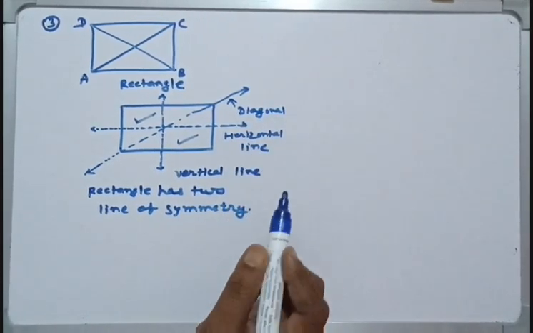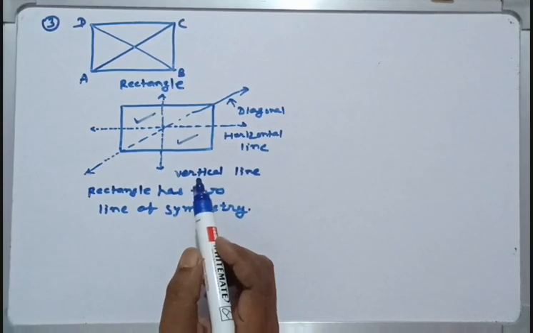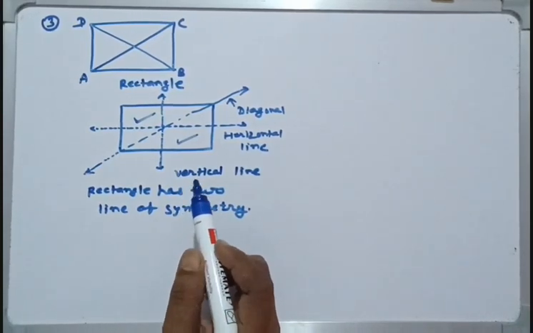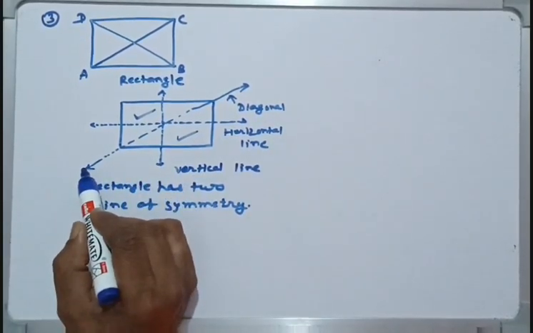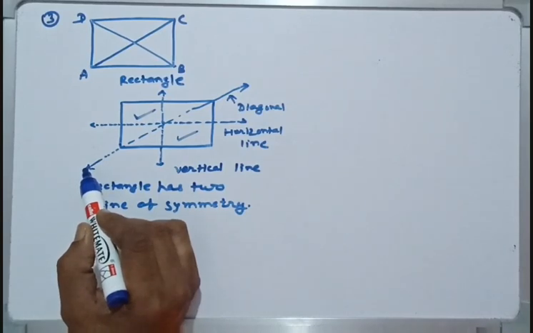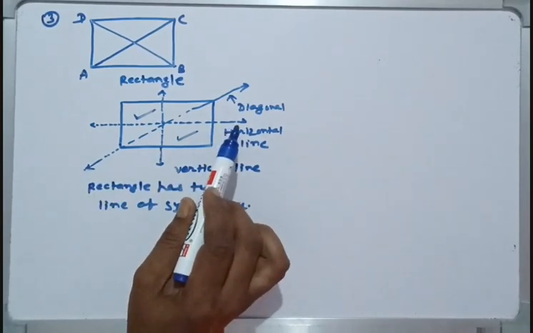Now the question is here, why is this rectangle not symmetrical along the diagonal?